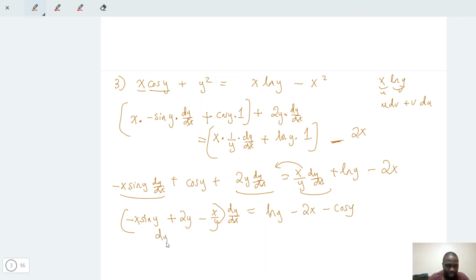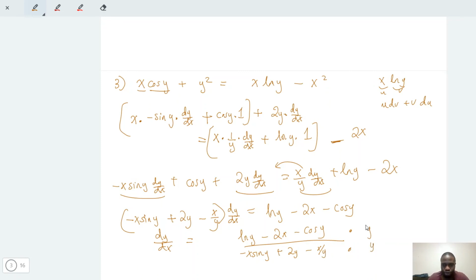So my dy/dx is ln y minus 2x minus cosine y over minus x sine y plus 2y minus x over y. I can leave it like this, or if I want to, I can multiply both the top and the bottom by y, just so that I don't have a y in the denominator here.